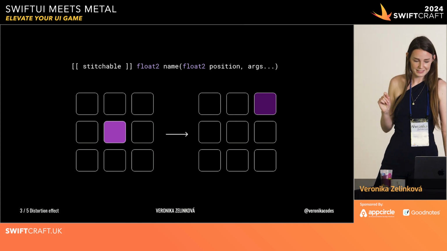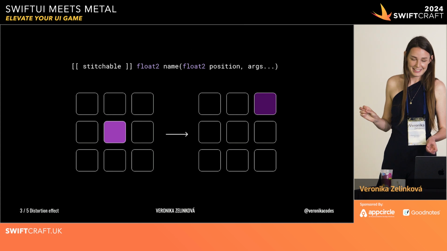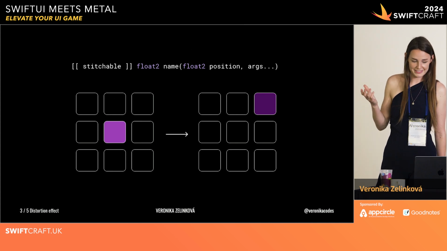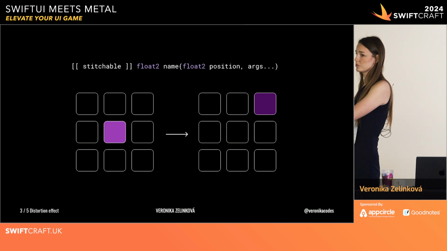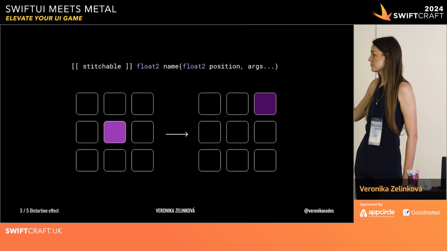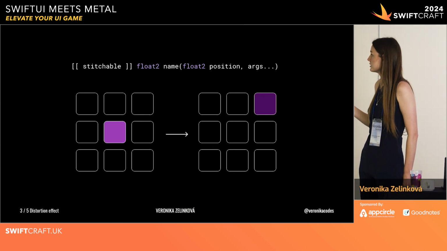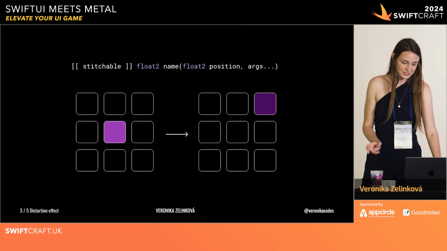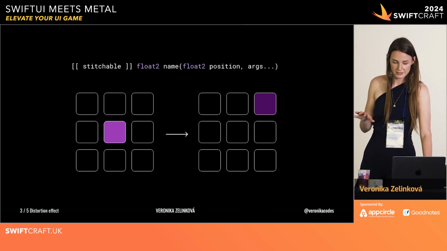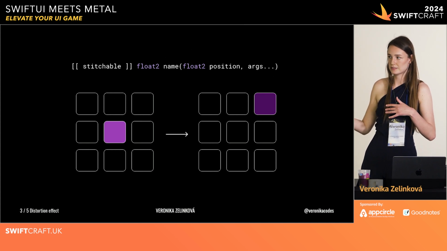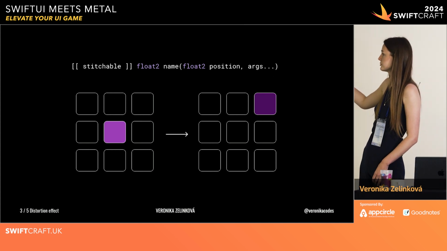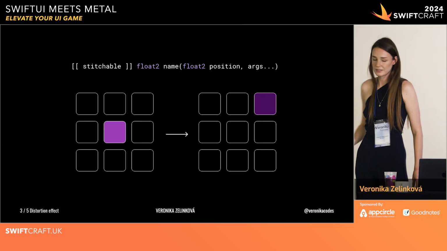So with this shader, you are returning a position where the new pixel should be sampled from the current texture. So it's a little bit different from the color effect because we can't really specify a new custom color. We can only sample from the current context.